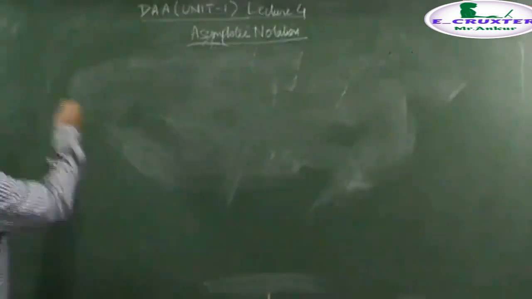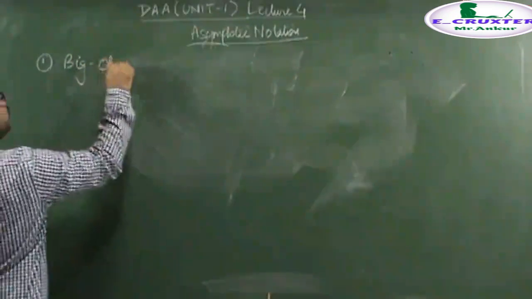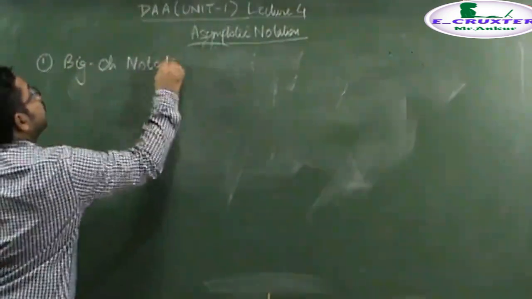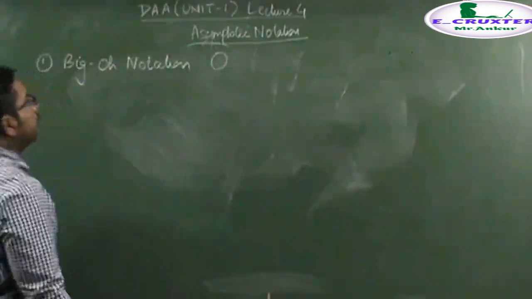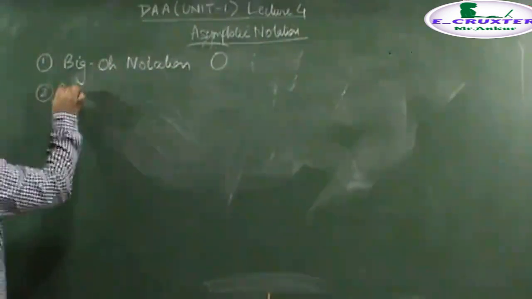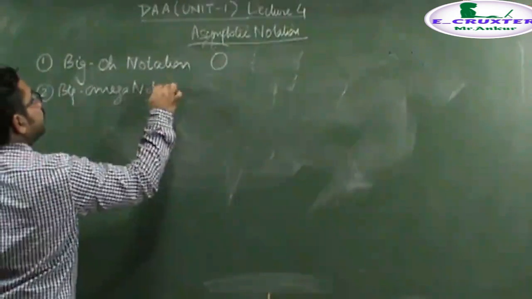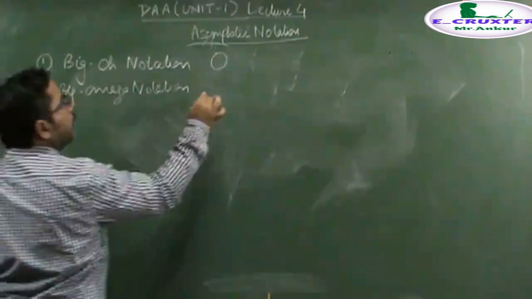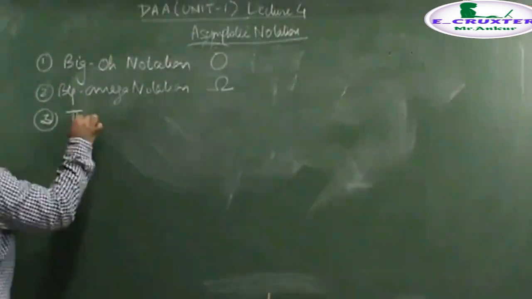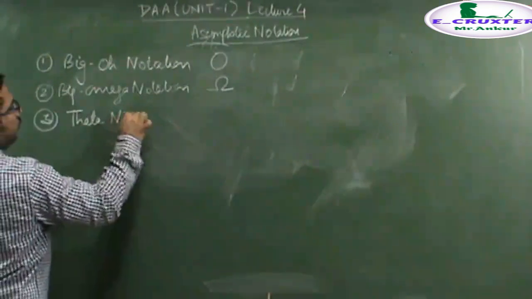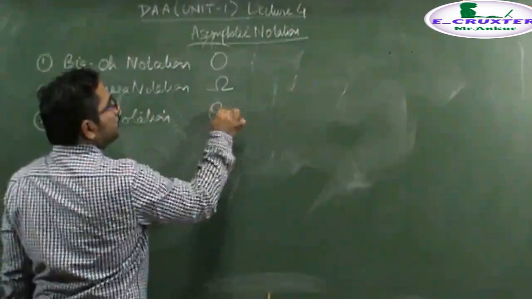The first notation is known as the big O notation, represented by big O. Second is the big omega notation, which is denoted by omega. Third is the theta notation, which is denoted by theta.